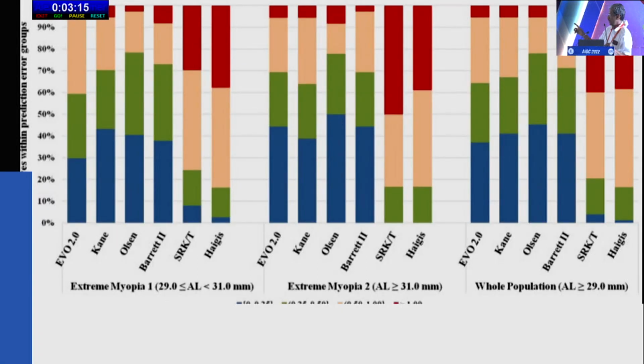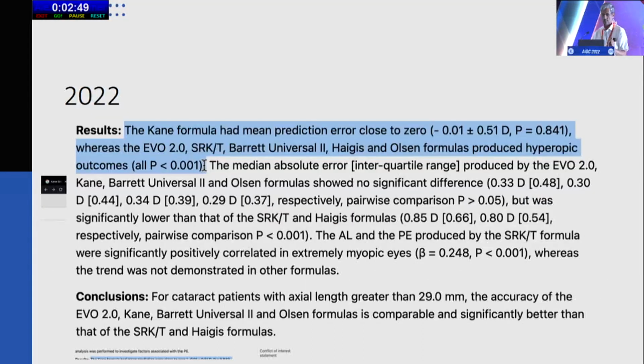On the left, you have extreme myopia more than 29. In the center, you have extreme myopia with axial length more than 31. And you see some of the best are EVO, Kane, Olsen, and Barrett's. These are still far better than SRK/T and Haigis. I hope this presentation pushes you to stop using SRK/T and Haigis for these very long axial myopia eyes and start using Kane, EVO, Olsen, and Barrett's Universal 2.